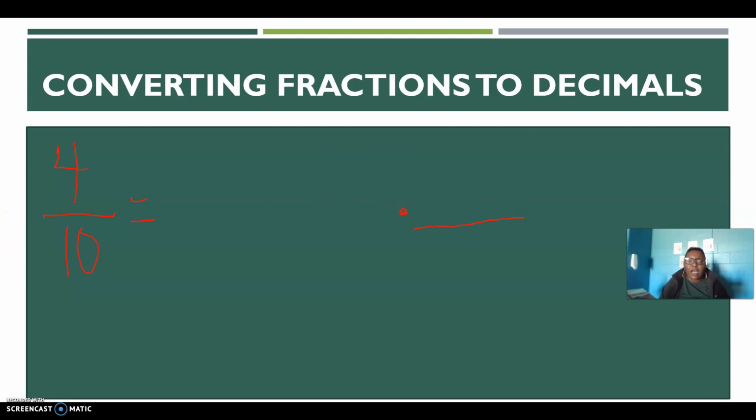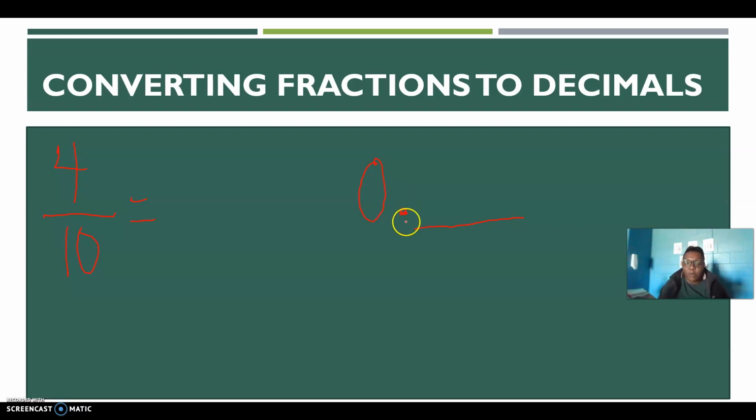Remember, this is not a whole number. This is out of 10 pieces of cake, 4 of them have been eaten. So this is a fraction of a number. This is a part of a whole number. So I am not going to have a number before that decimal. That's going to be a 0 here, okay?